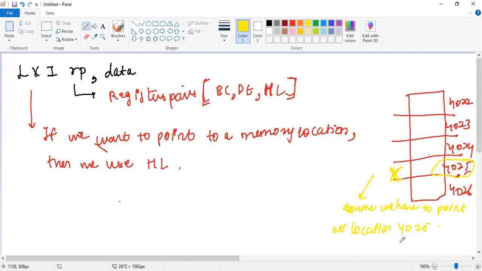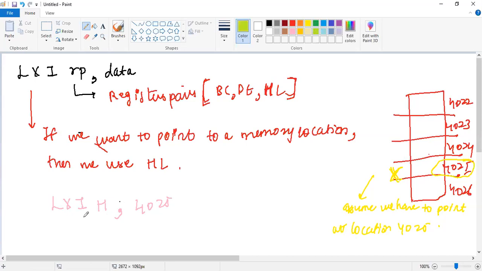So this 4025 must be present in your HL. So how will we write this? We will write it as LXI H 4025.